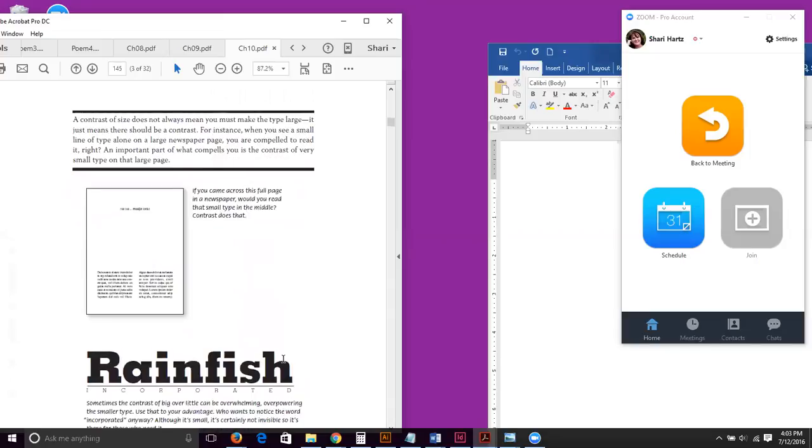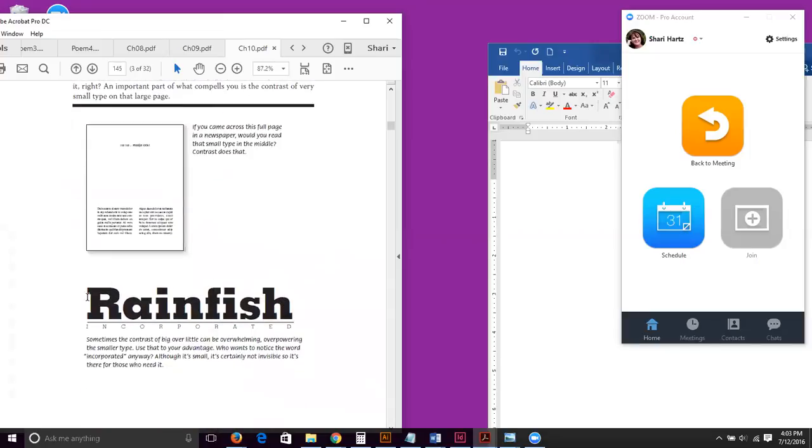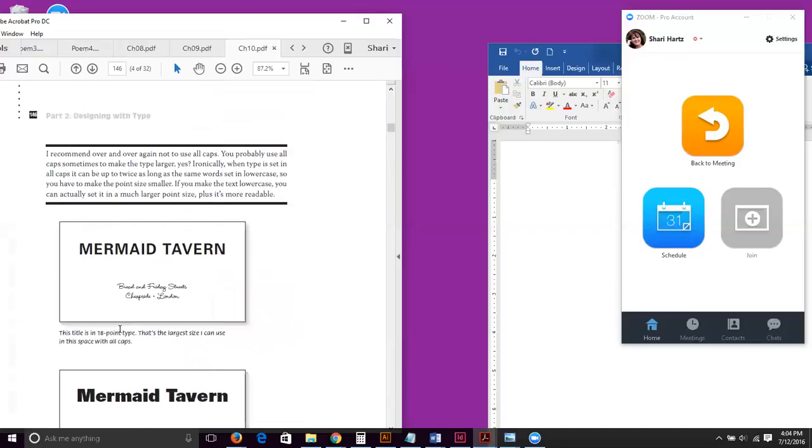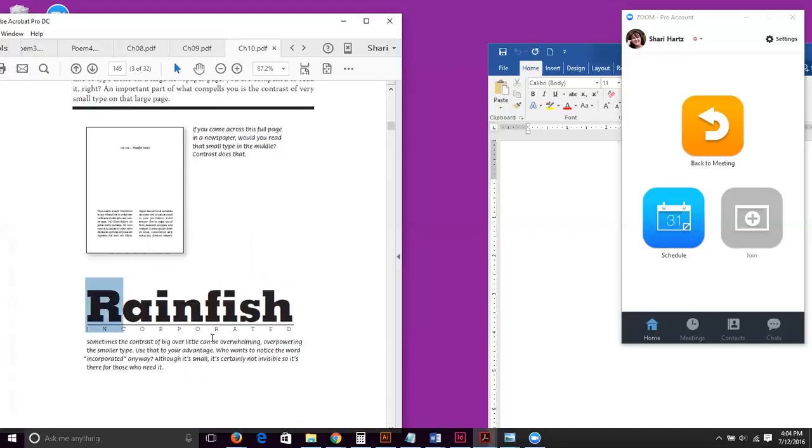When you're looking through here, you can see they've got a lot of stuff going on. Rainfish Incorporated took a super bold slab font, and then a very fine, thin serif font down here at the bottom, Incorporated. Probably condensed, but they spread the letters across, so they played with what they call the tracking.